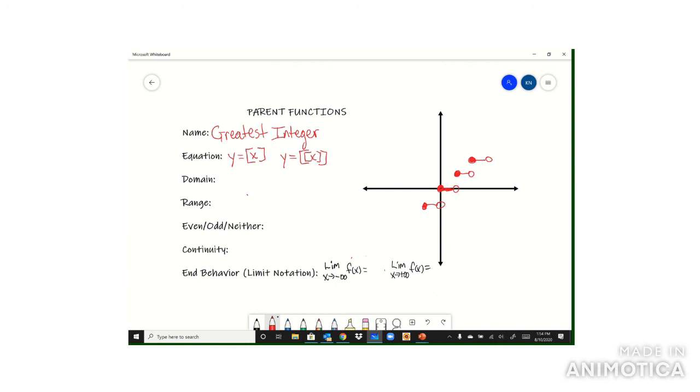All right, what this means is the domain is all real numbers. But the range is not. The range, I think I write it something like this, because the range is only the integers.